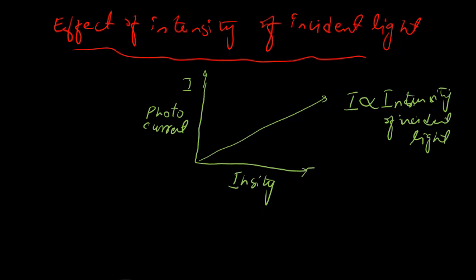The variation of the current with the intensity is shown by this graph, and this straight line graph shows that the number of photoelectrons emitted per second by the surface is directly proportional to the intensity of incident light. So there is a direct relation between these two parameters, photocurrent and intensity. Now we go to the next factor.